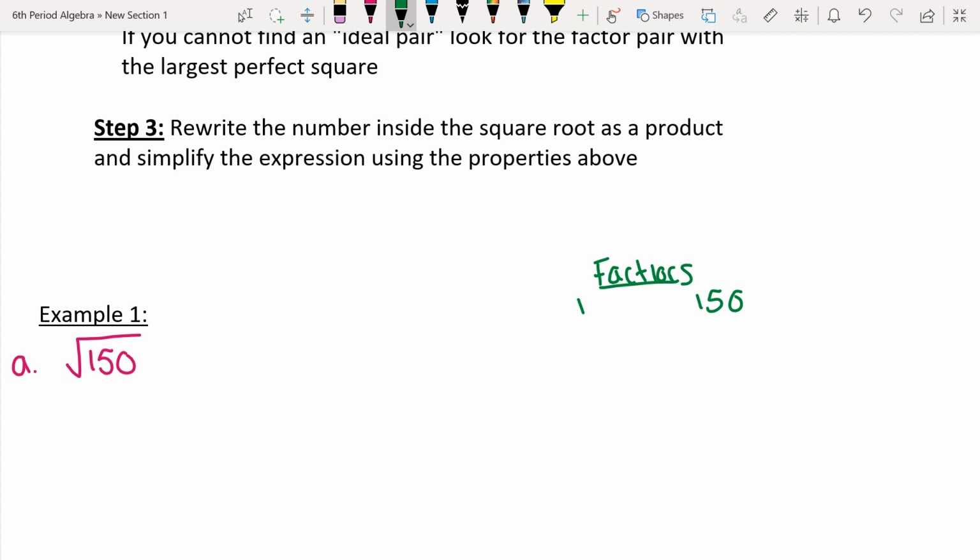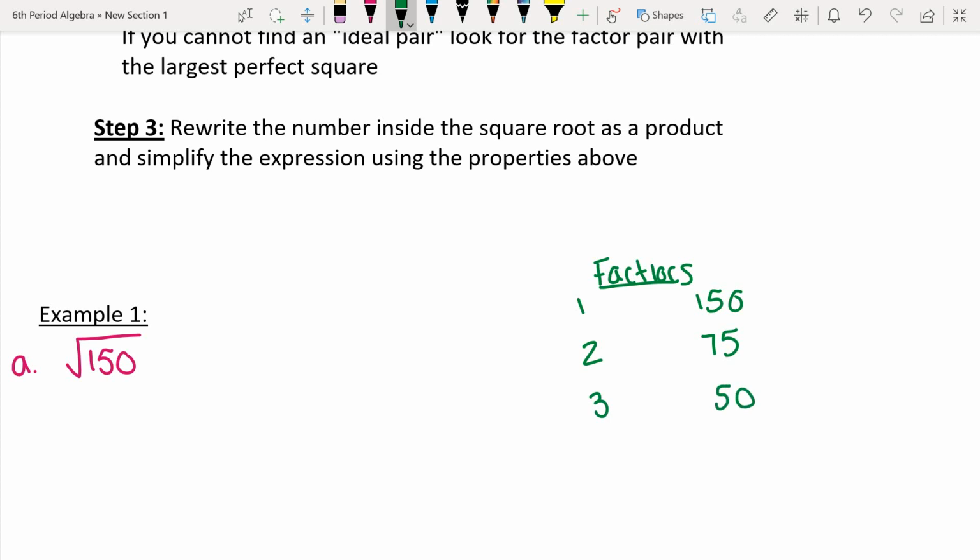Then we go to 2, because I know I can divide a number by 2 if it ends in 0, and that would be 75. Now we're trying to think, can it be divisible by 3? If you're not sure, read the statement on your divisibility rule. See if you can apply it. See if it works, and then actually divide. When you do that, you'd end up getting 3 and 50.